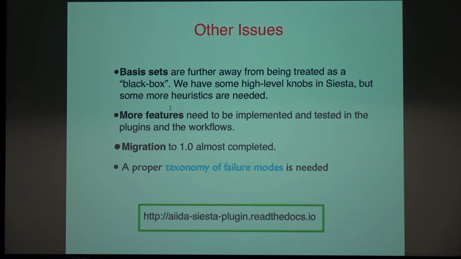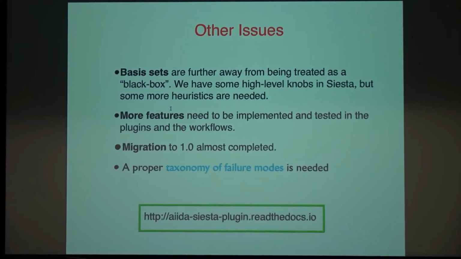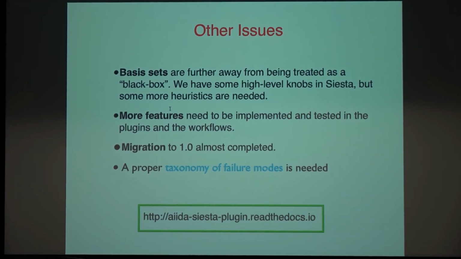So it will be optimal, and the size of the basis set will not be too big. If you want to prepackage a basis set that will work everywhere, you probably need to make it much bigger than you should. Obviously, the cost of the calculation is going to depend on the size of the basis set. So we need more heuristics to try to solve that issue.